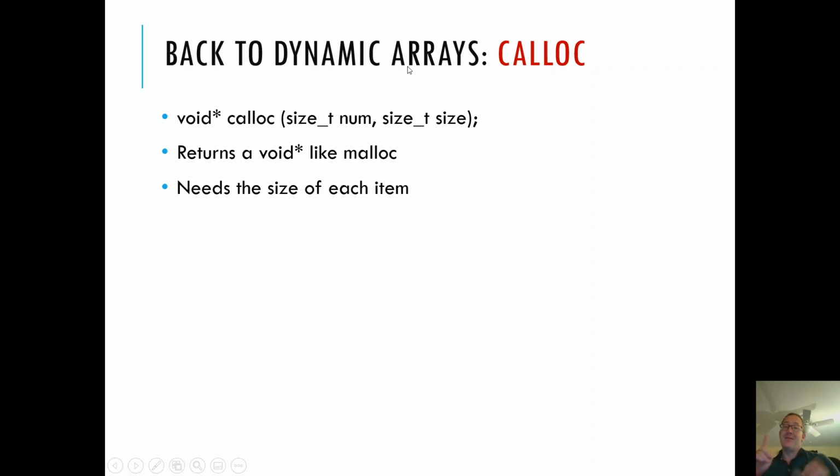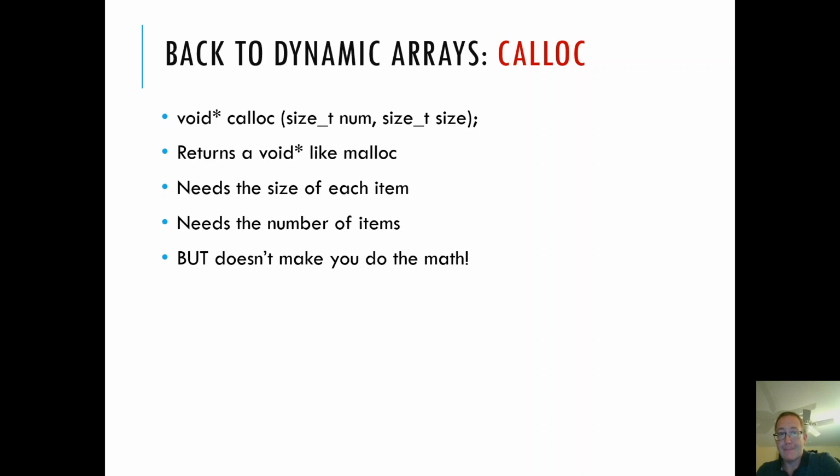I pass in the size of whatever data type I'm using and how many of those things I want. So it's going to look almost exactly the same. The only difference is I don't have an asterisk to do the multiplication. But I need the number of items and the size of each item. Wow, you don't have to do math. Meh. Okay, you don't have to do a multiplication. Fine. What is the difference?